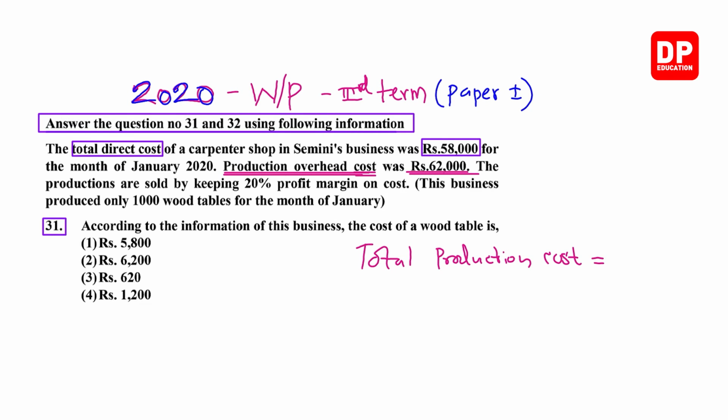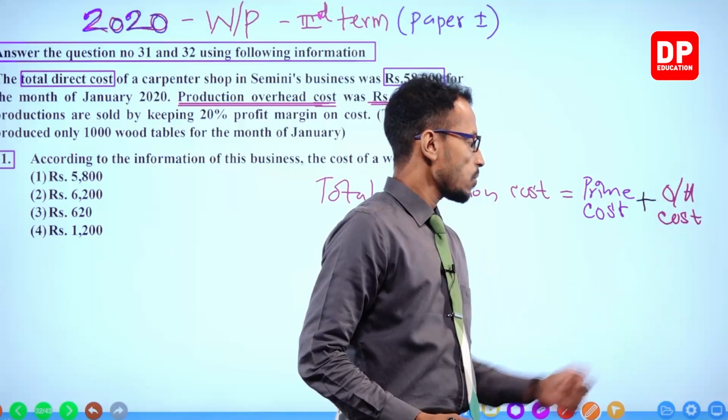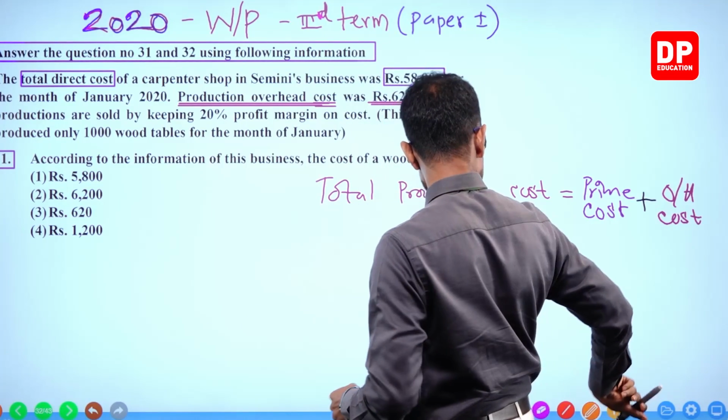Total production cost equals prime cost plus overhead cost, OH cost. Okay. Prime cost plus overhead cost. What is the prime cost? Prime cost is right here.